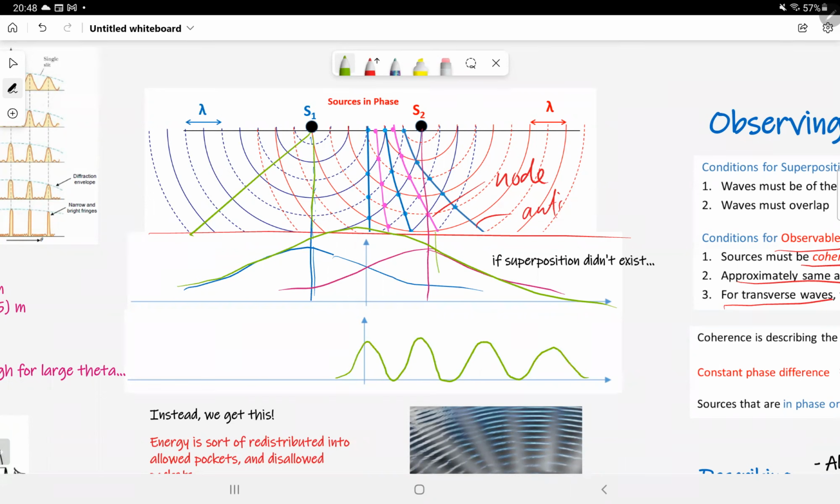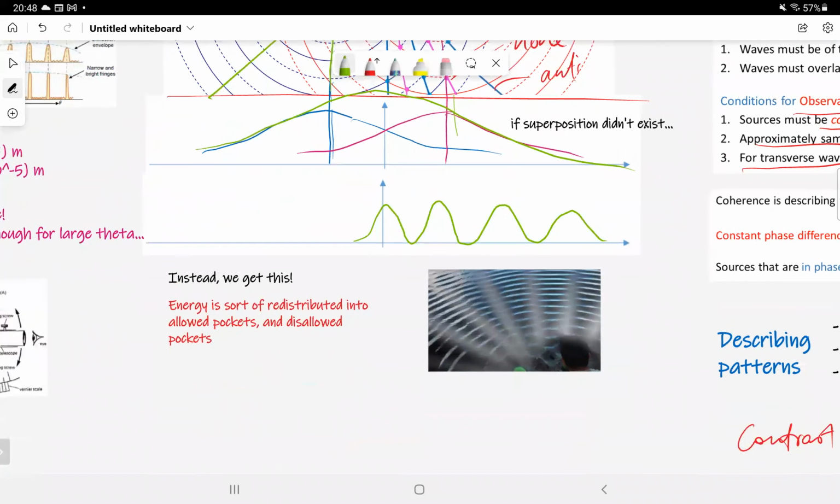So you see, it's like there's some mechanism there that is telling the energy: some places you can land, some places you cannot land. That's a very marvelous thing about it. Somehow the two waves can communicate with each other and come to an agreement as to where they will park their energy.